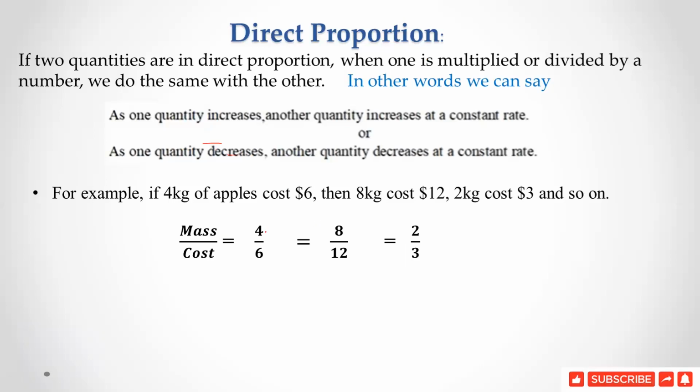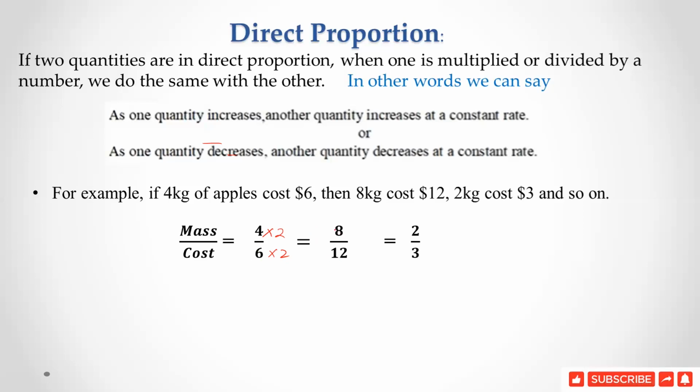If these are equivalent fractions, then we say that these are in direct proportion. If we multiply 4 by 2 and 6 by 2 as well, then 4 times 2 is 8 and 6 times 2 is 12. When we doubled the mass, we got double the cost.